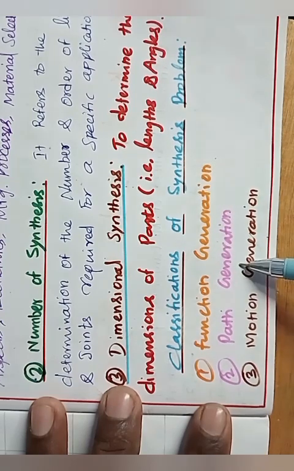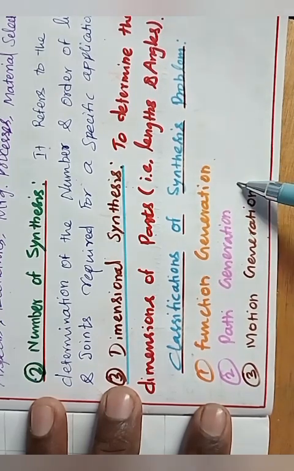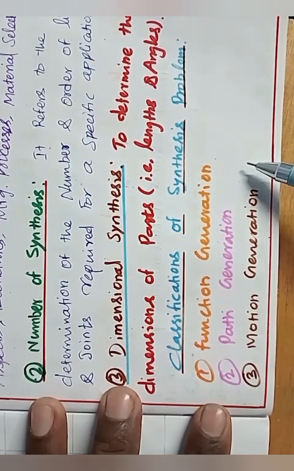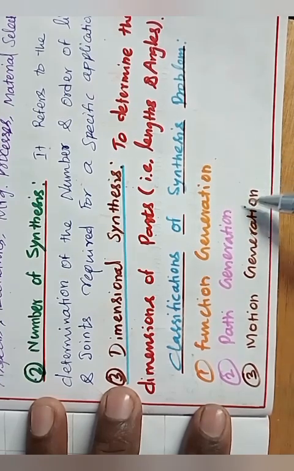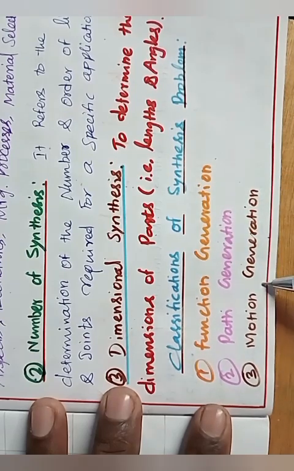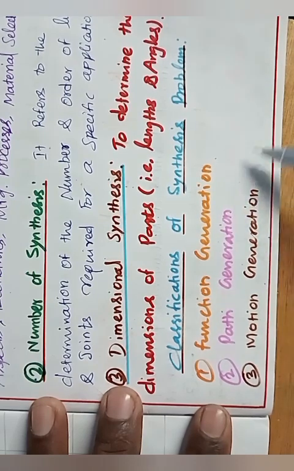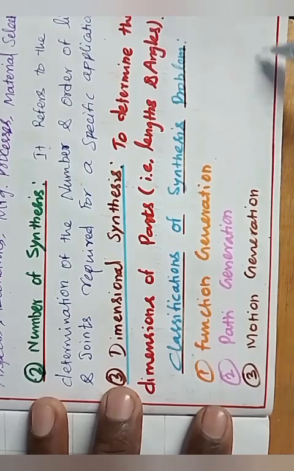In path generation, a point on the coupler link is constrained to describe a path with reference to a fixed frame. And last one is motion generation. Motion generation means various rigid bodies in a mechanism are used to guide the mechanism.